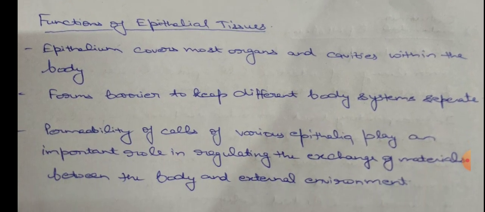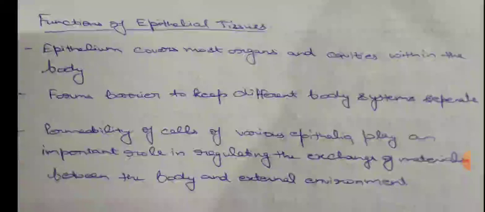Take a look students. Epithelium covers most organs and cavities within the body. It forms a barrier to keep different body systems separate. The permeability of the cells of various epithelia plays an important role in regulating the exchange of materials between the body and the external environment.